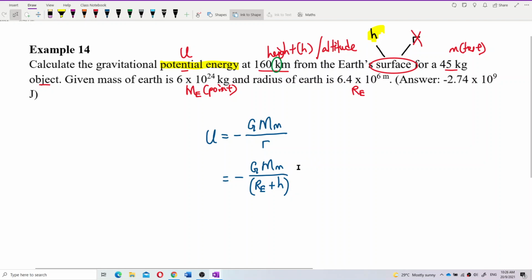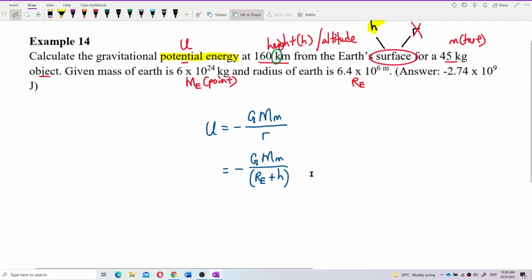Okay, so we already got all the information. Let's calculate the answer. G is 6.67 exponent negative 11, and the mass of Earth is 6 exponent 24.